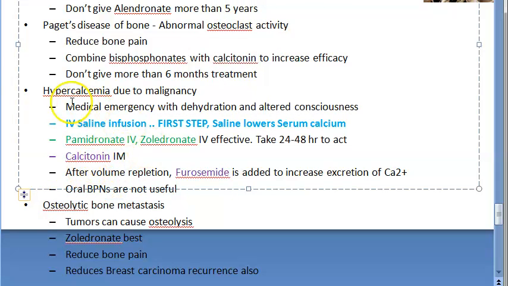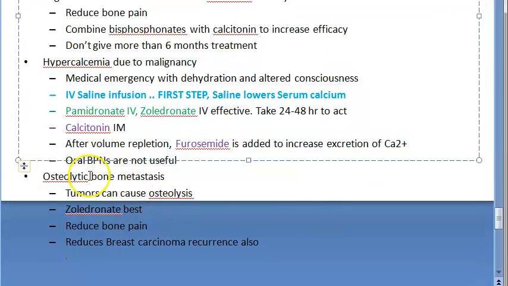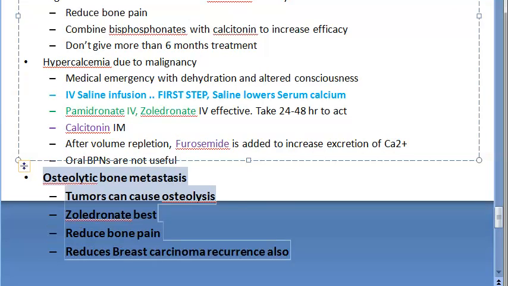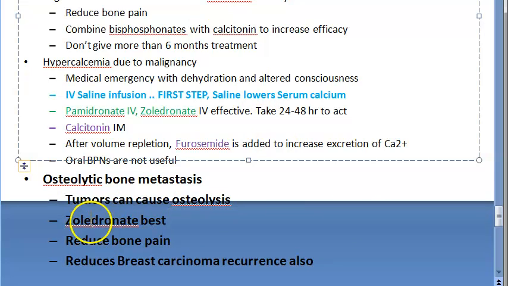Oral bisphosphonates are not very useful in hypercalcemia. Coming to osteolytic bone metastasis: because of malignancy, if there is osteolysis, then you can give Zoledronate. It's the best. It will reduce bone pain, and it will also reduce carcinoma recurrence. So it is really good, right?